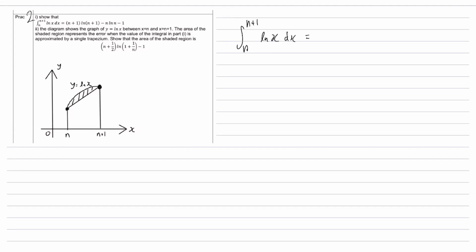How about part 1? Is it okay? I think so. Okay, maybe send me your part 1 first. What do you choose for your U and DV?